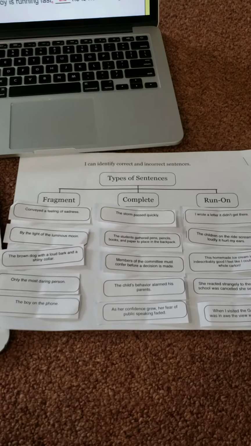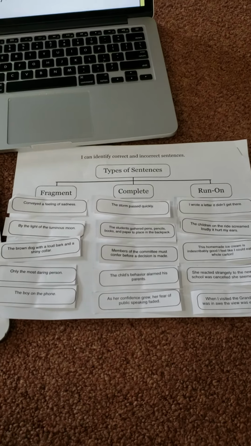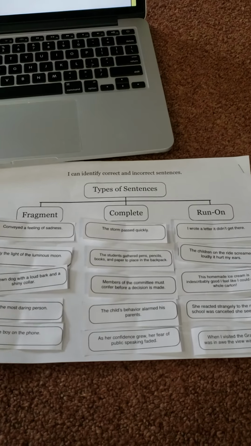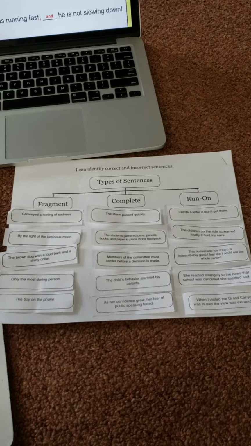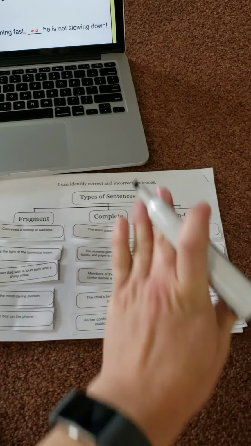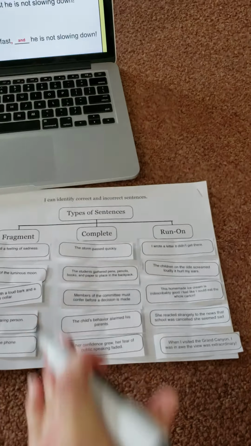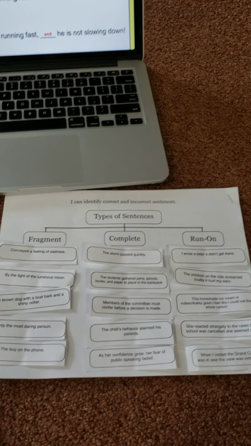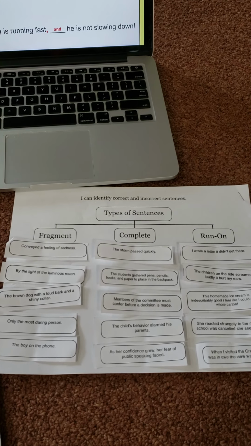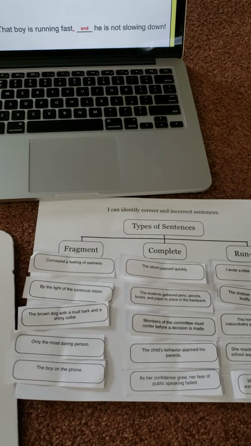On a sheet of paper, you are going to correct the sentences. The fragments and the run-ons. The complete sentences, you get to just cover up. Don't worry about those. But for the fragments, so if you have the first one that says conveyed a feeling of sadness, well, that's not a complete sentence, so you need to change it.